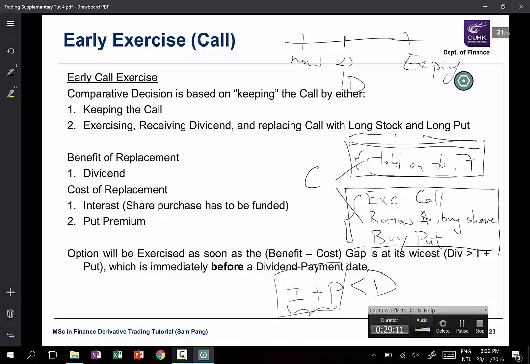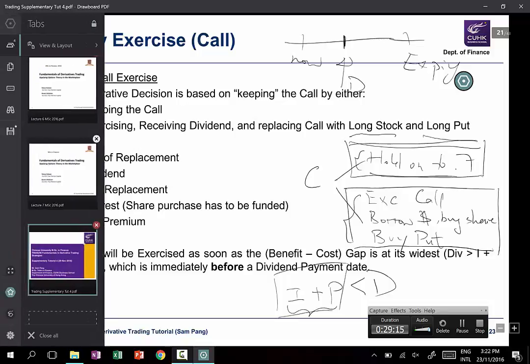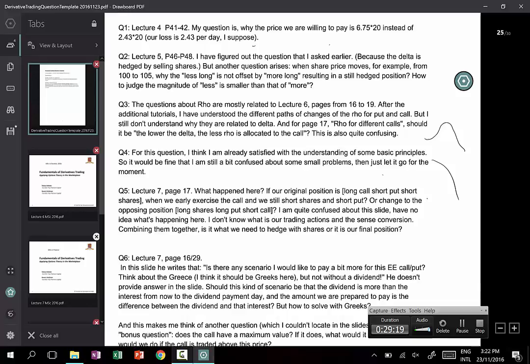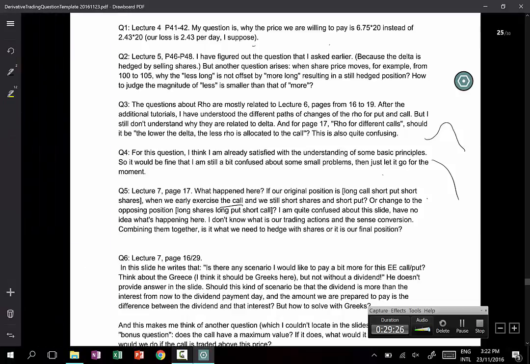So the starting position is not you are long a call and what did you say? It's not you are long the call and short shares and short the put. No, you're not. You just long the call and are thinking whether you should replace that with a long share and long put position.